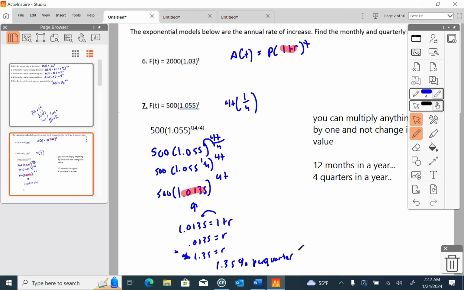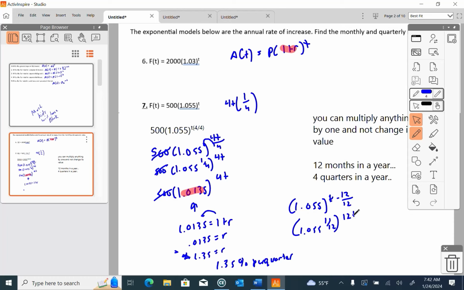Now I'm going to do the same thing here for the monthly. And none of this is actually needed. But this time I got 1.055, and it's to the t, and I'm going to multiply it by 12 over 12. I'm going to move the 1/12 inside. Now the outside is now 12t.